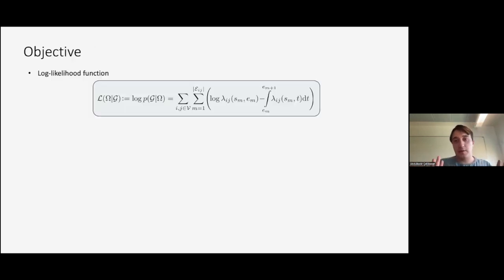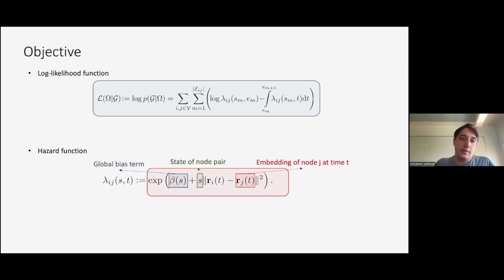Similarly, we can write the likelihood function for the whole network based on this sequential survival process. Again we define this hazard or intensity function. We have the global bias terms and a distance term, but here we have an additional term S, which indicates, as I said, the state of the node pair.